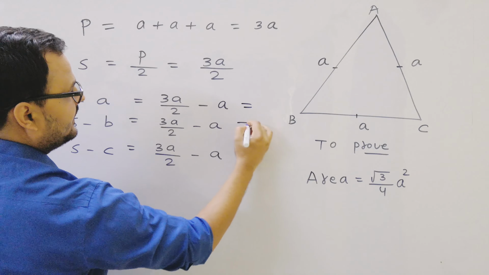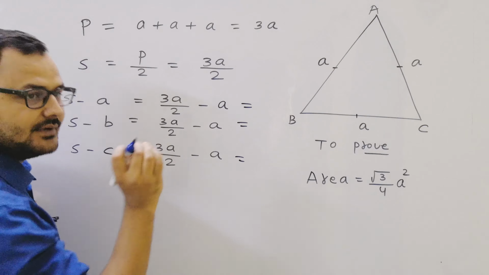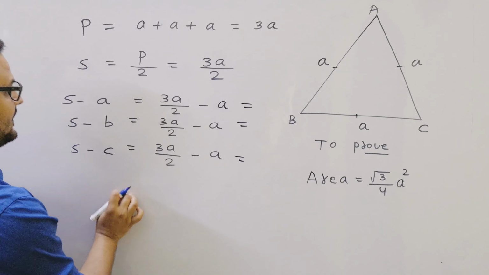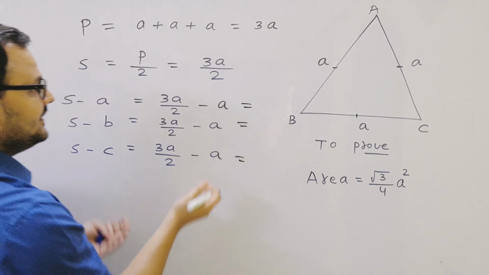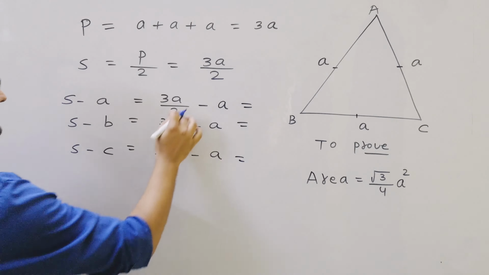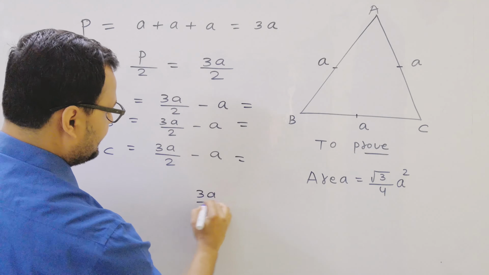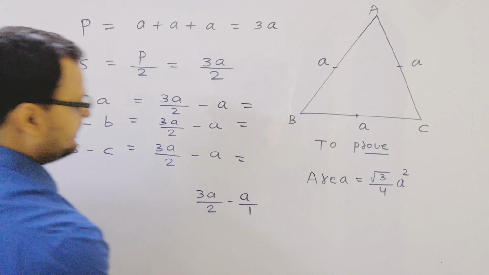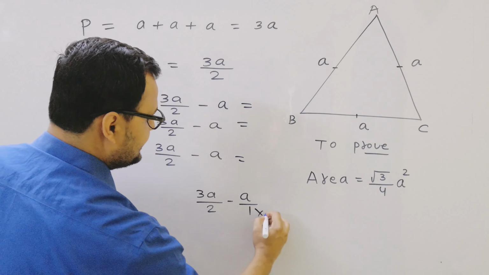Now if I simplify this one, s minus a, whatever answer comes, the same answer I am going to write for s minus b and s minus c. So I am going to do a little simplification. 3a by 2 minus a, so I can write a by 1. 2 and 1, the LCM is 2.